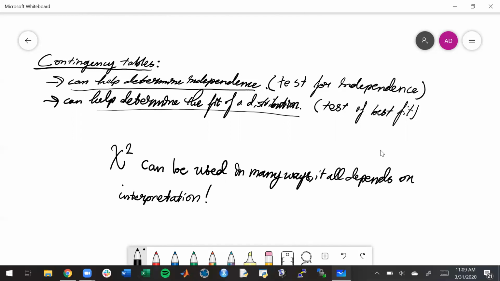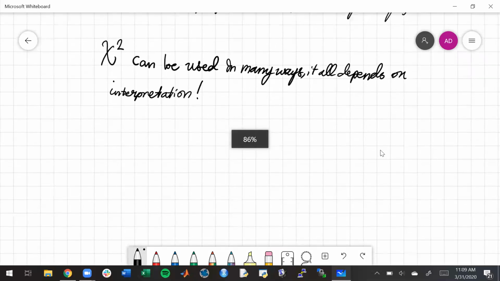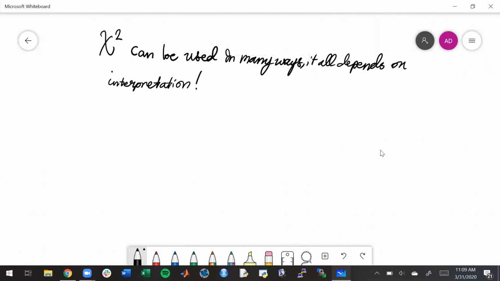Okay, and just before we end this little introduction to the chi-squared, because that's really all there is to it, you can also see things written like chi-squared of nu, or you can see chi-squared, I believe in the notes, of k. So you could also see chi-squared of k.